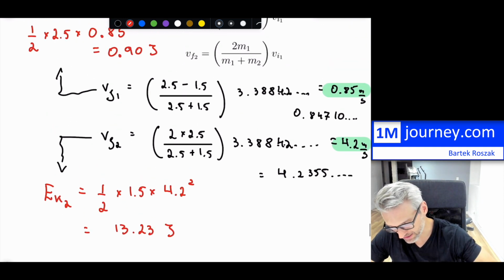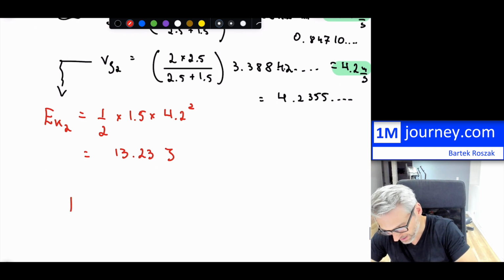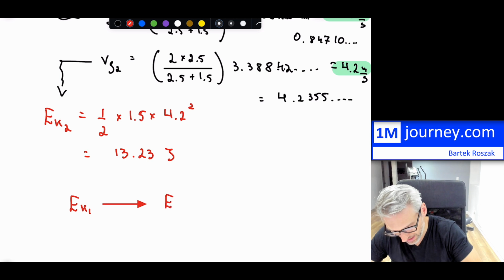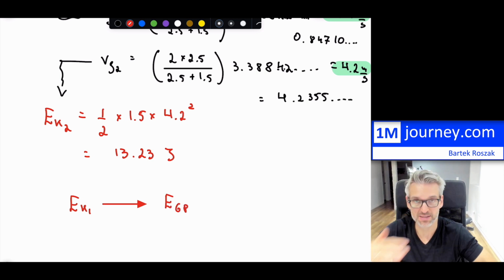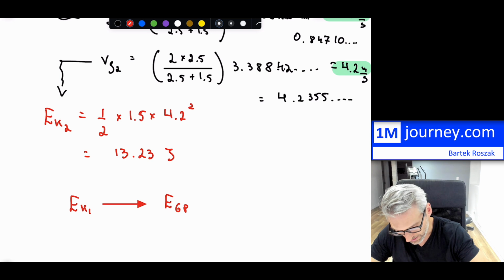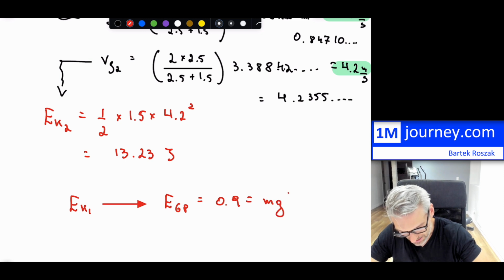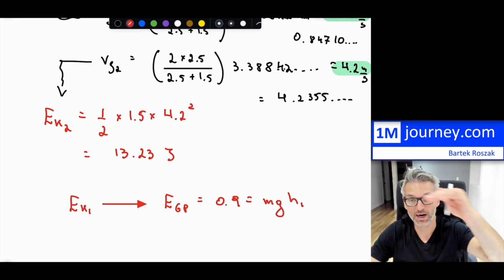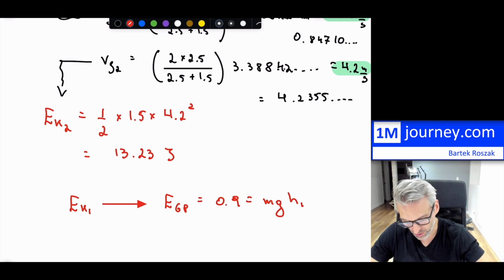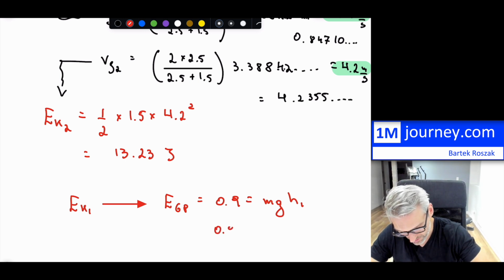And now, for instance, the 0.9, that kinetic energy is going to transfer into gravitational potential energy, all of it, because eventually it will stop going upwards. So this is going to be 0.9, and then this is mass times gravity times the new height, H1, how far it will reach. So this is not very difficult to now do. This is going to be 2.5 times 9.8. That's the first height.